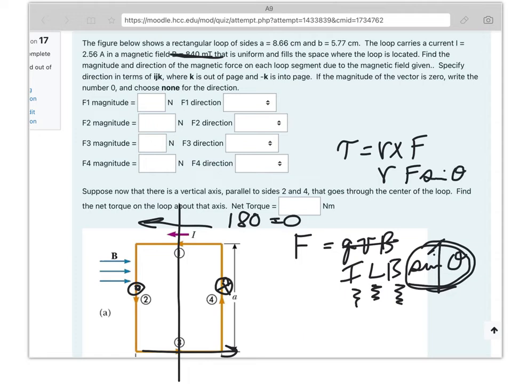You get a torque when the angle's 90 degrees, and the R is the distance from the axis to the force. That's half the length of that upper wire. And there are 2 torques, right? There's the torque because of wire 2 and the torque because of wire 4. So make sure you do the summation of the torques.